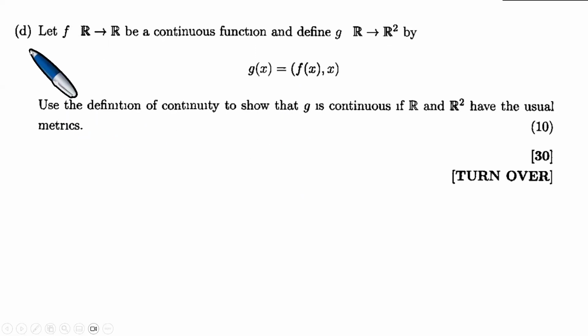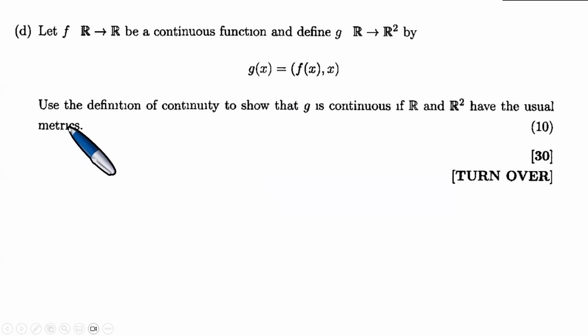Also now, in question 3, we're speaking about continuous functions. Use the definition of continuity to show that G is continuous, where R and R2 have the usual metrics. So you let F be a map from the real numbers to real numbers, a continuous function, defined by this.